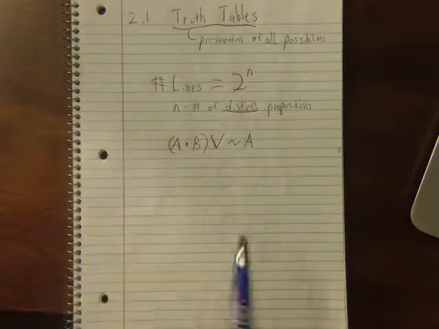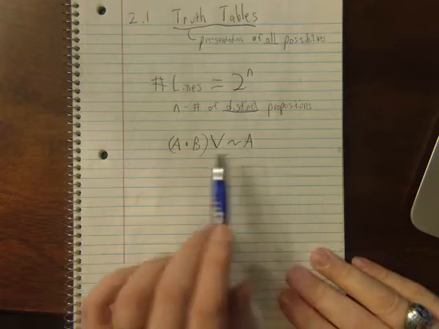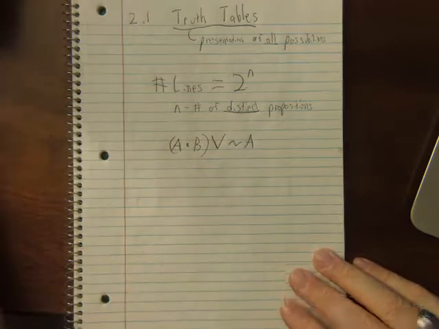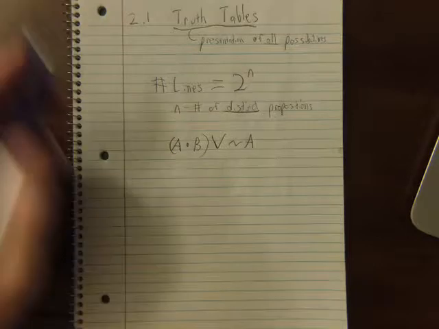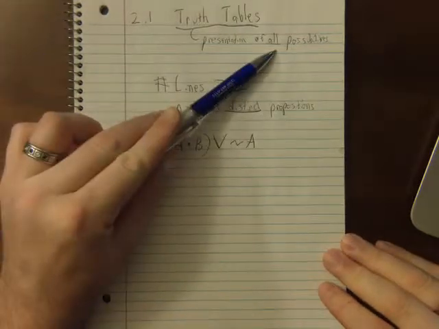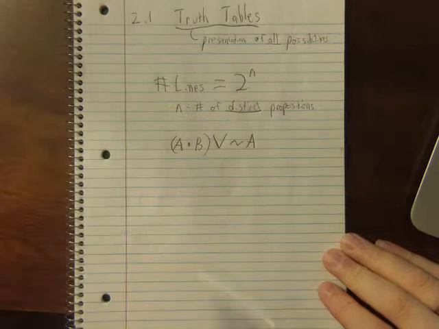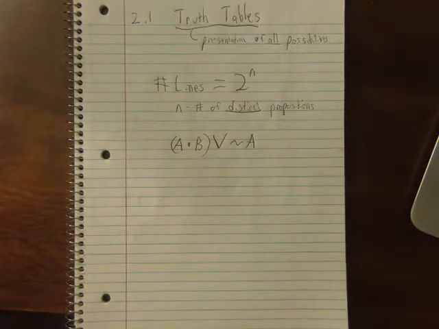If you could do an 8-line truth table, you could theoretically do the 16 if you were so inclined. When we're practicing exercises, you might get a 16-liner every once in a while, but as a general rule, if you feel like you're up to an 8, you're in pretty good shape. So that's how we generate the number of lines in a truth table.